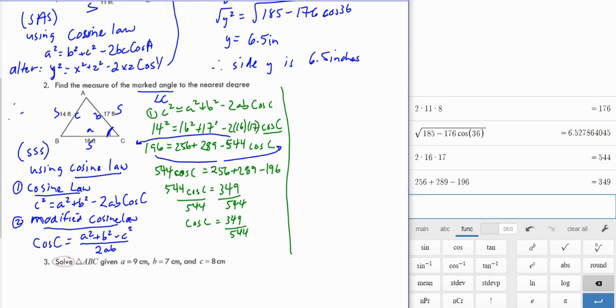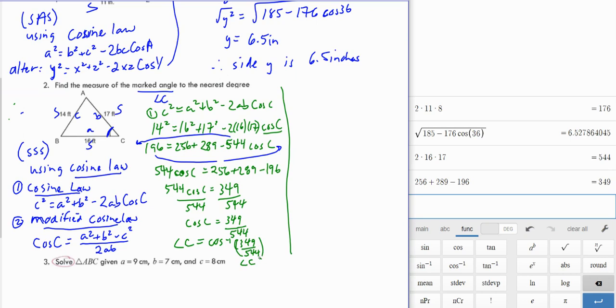So angle C equals cos inverse of this very same number, and close your bracket. We're running out of room, but here we go. What's that going to be?